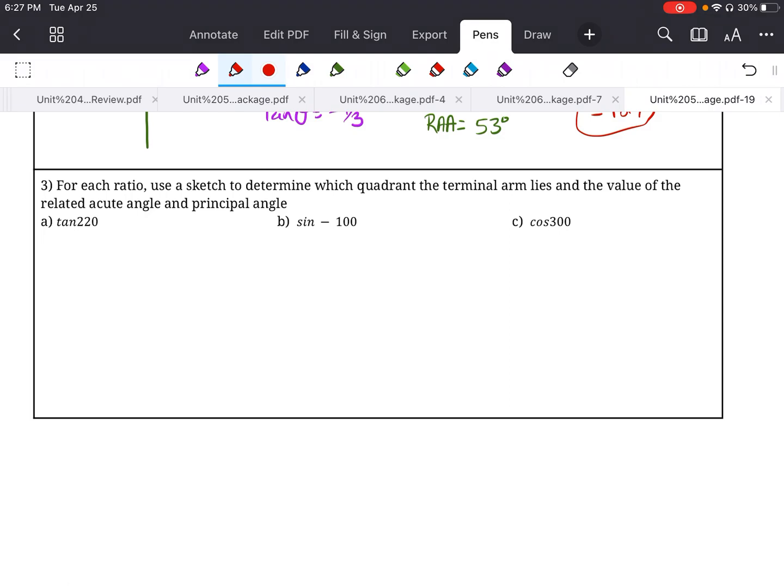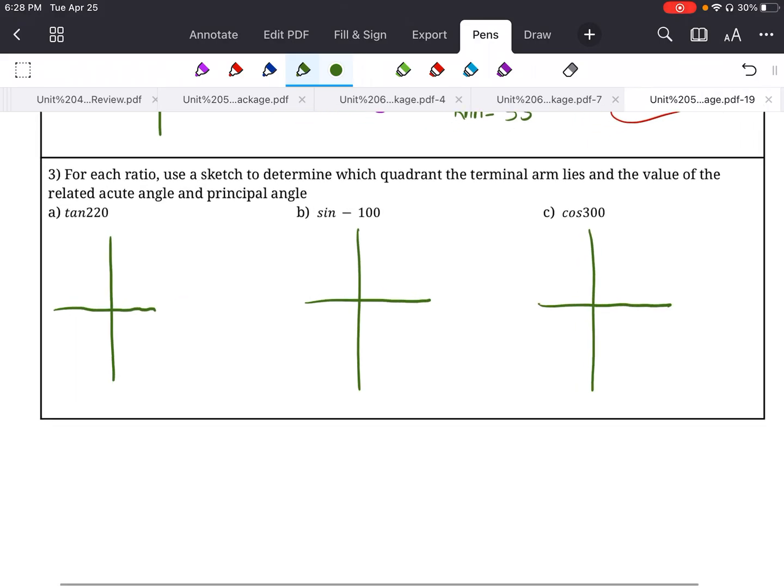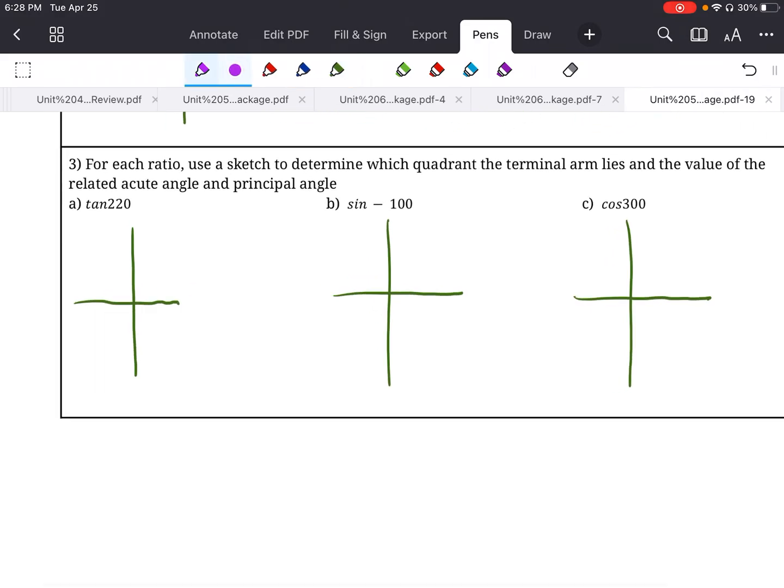For each ratio, use a sketch to determine which quadrant the terminal arm lies in and the value of the related acute angle and principal angle. Okay, so tan 220, so 220 degrees is right about there. We're going to find the principal angle and the related acute angle.